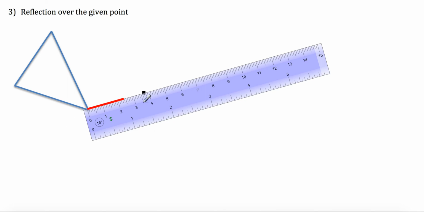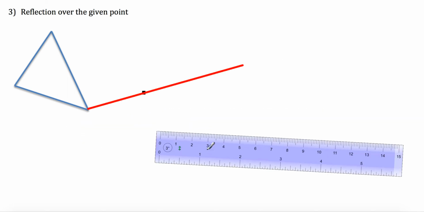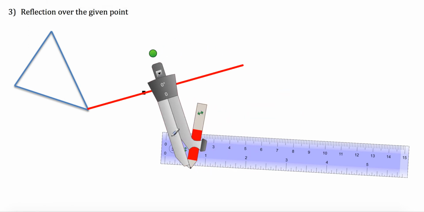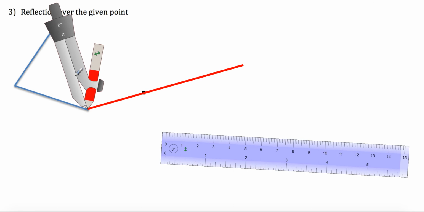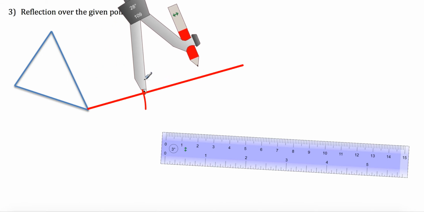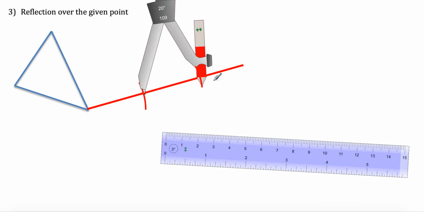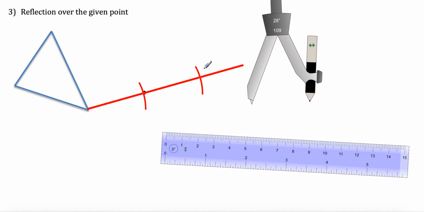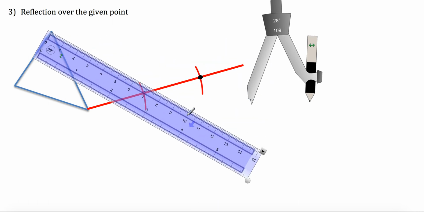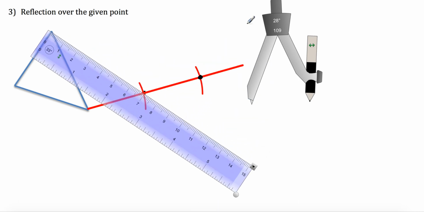So here I go for the red line segment, and then with the compass, it's that much. Then I'm going to go that much, and then that becomes my first point of reflection. Second, I'm going to use the green.